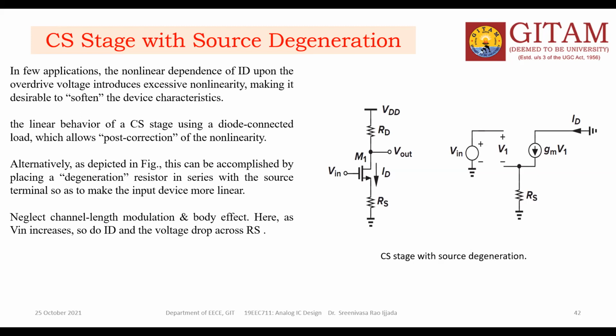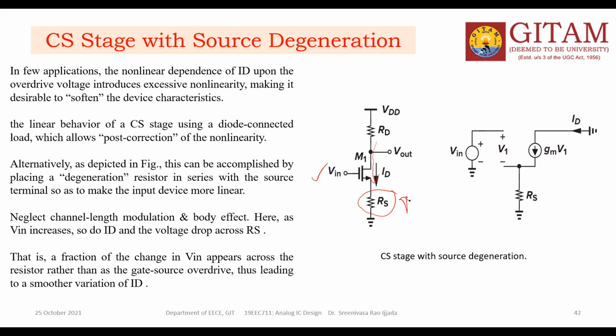ID increases, thereby the voltage drop across RD increases, and because the current in the circuit increases, the drop across RS also increases. A fraction of the change in input voltage appears across the resistor, which changes the gate-source overdrive, thus leading to a smooth variation in ID.